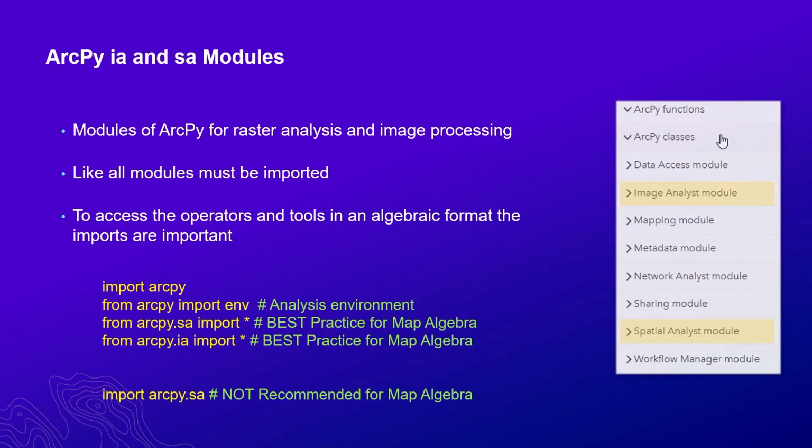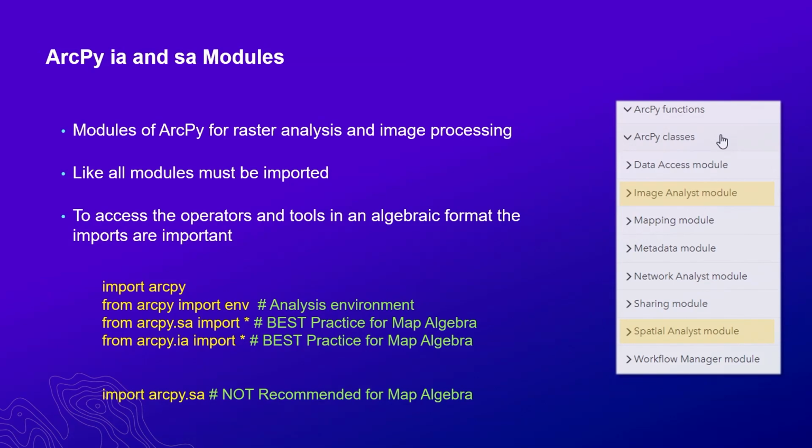So where are these functionalities available? These functionalities are available in modules, because in Python, everything is grouped together in modules. Our favorite two modules that we will work with here are the Image Analyst module and the Spatial Analyst module. We refer to them as IA and SA. These are the modules where you will get all this functionality together. Like all modules, they must be imported. But how you import makes your life a little bit easier or more difficult, because we will talk about it later that to do operations or analysis, we will use Map Algebra expressions.